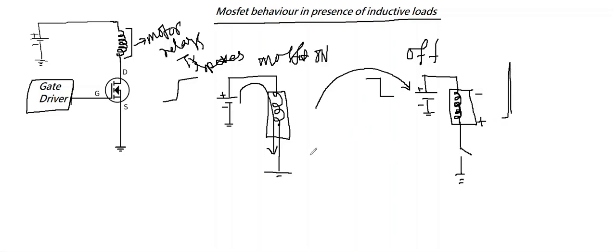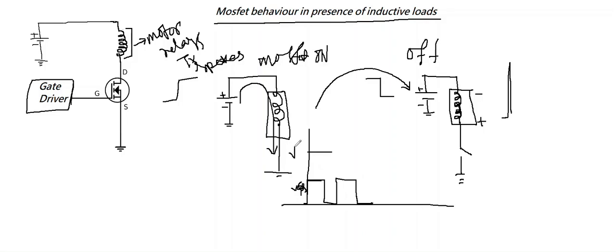You can also see this through a waveform. So let's suppose this is VDS or VGS, and when I am providing a positive pulse, my VDS becomes zero because it is a short circuit.